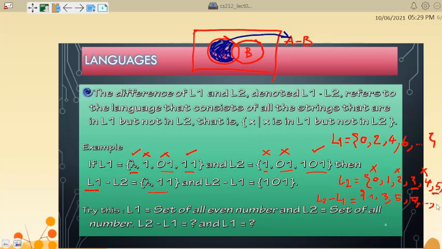Now we check all the elements in L2. That's all, we just finish. So L2 minus L1 is equal to 1, 0, 1.